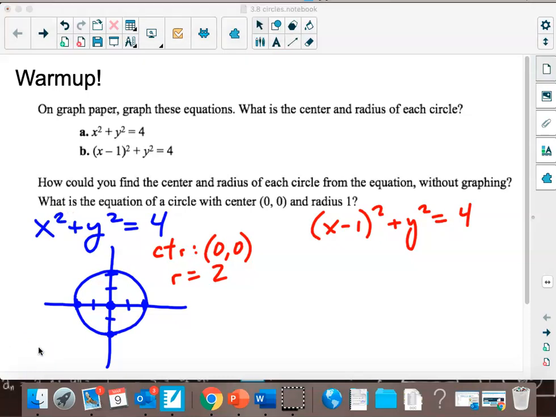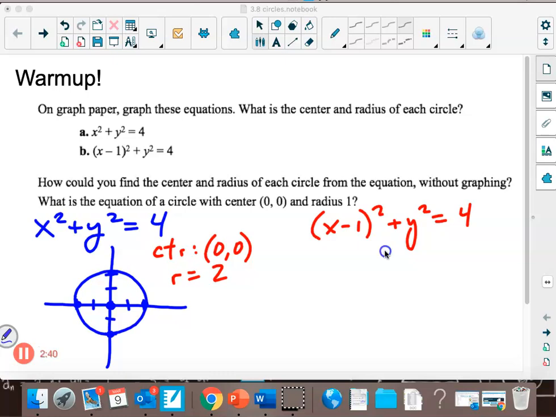We've subtracted 1 from the x. Based on all the experience you've had so far with translations, how do you think this is going to shift our circle? To the left? To the right. To the right? Just like how we do with down? It's going to be to the right, one place, right?